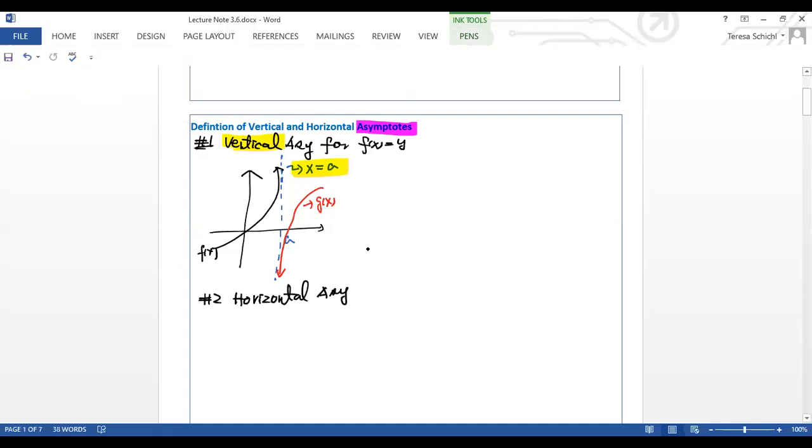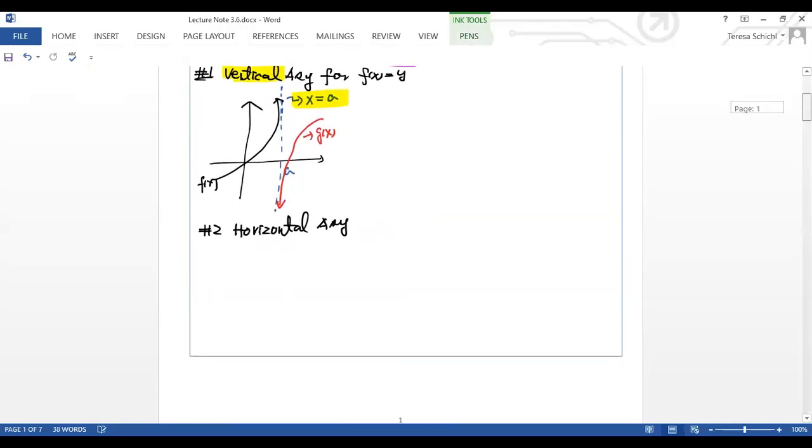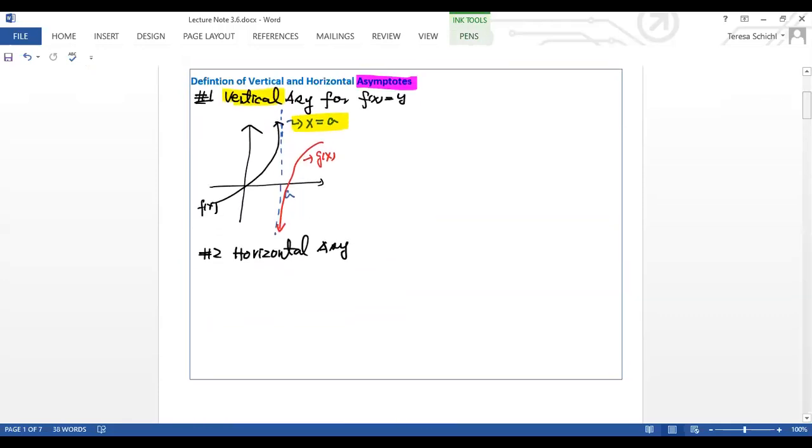Just like the vertical asymptote is a value your function can get very close to, we call this a horizontal asymptote. It could be something like y equals b, so your function can get closer and closer to it, going like this.